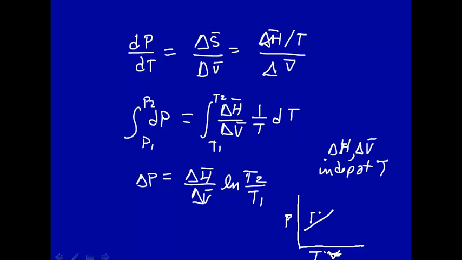If we want to know a delta P going from, say, T1 to T2, we can use this equation: use the enthalpy for the phase transition, divide by the partial molar volume change, and then multiply that by the logarithm of the final over initial temperature to calculate, if we change the temperature, how much the pressure changes. All right, so that's kind of cool.